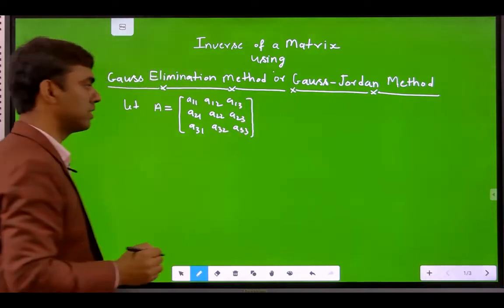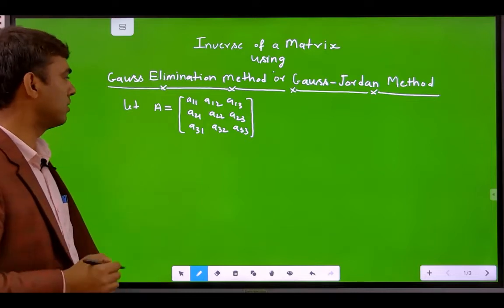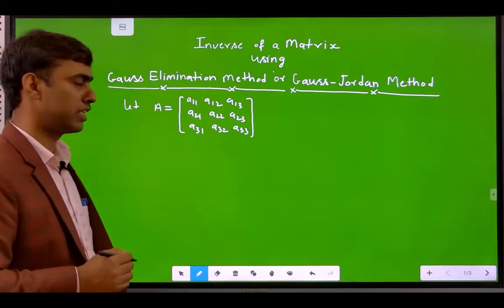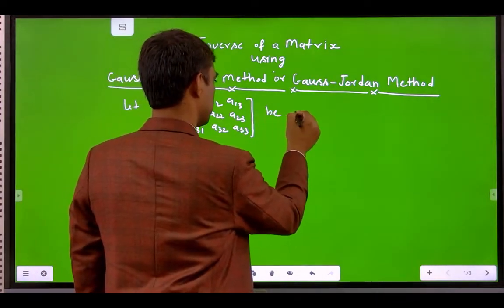For the sake of simplicity, we consider a 3 cross 3 square matrix, and we assume that A is a non-singular matrix.